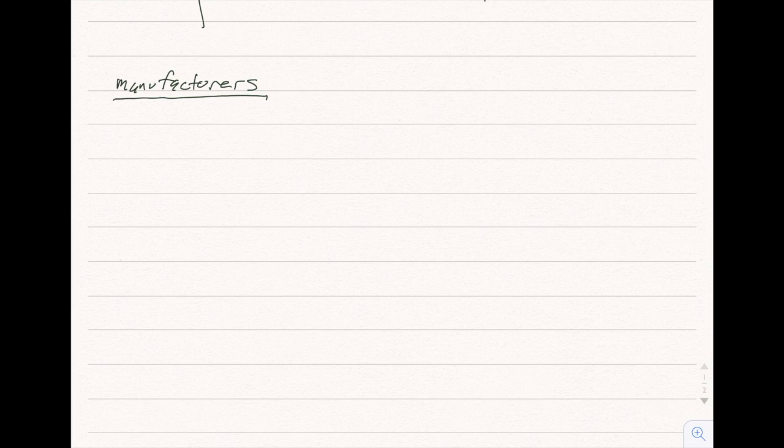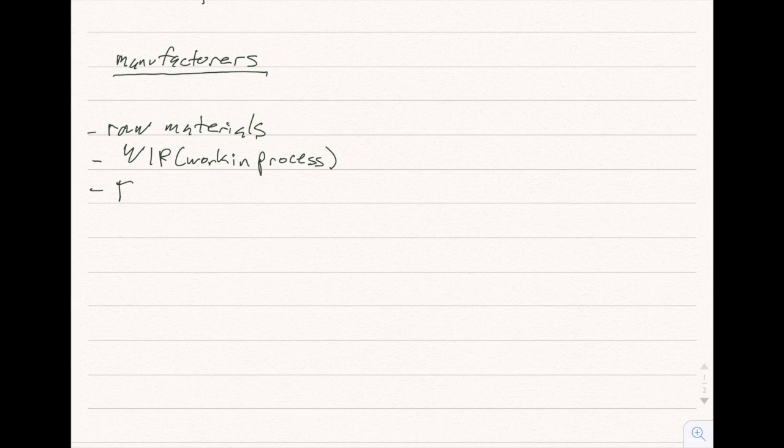This is where your intro to cost accounting or managerial accounting begins, because instead of just an inventory account, we have these terms: raw materials, WIP, which is short for work in process, and then you have FG, finished goods.